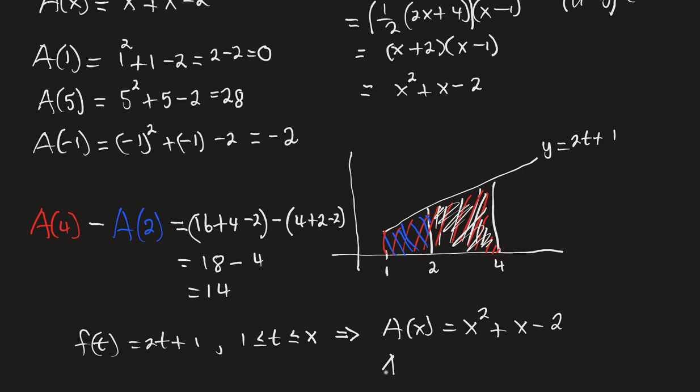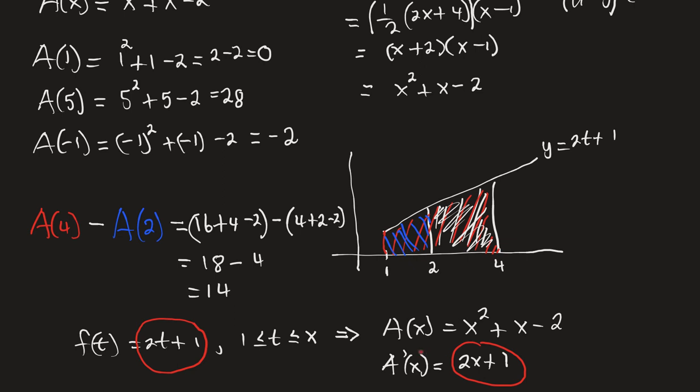So A prime of x, that would just be 2x plus 1. And I want you to take a look at this. This was the function whose graph we started with. We came up with its area function, and then at the end, we just took its derivative.